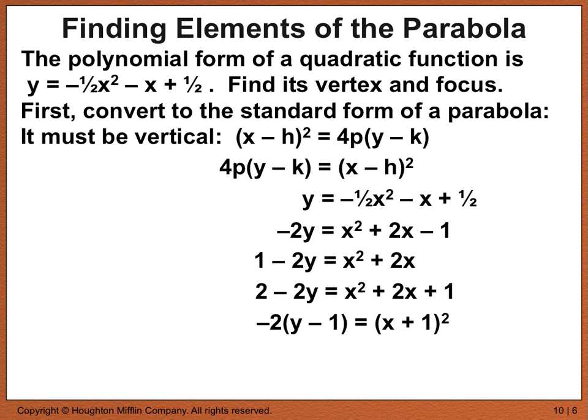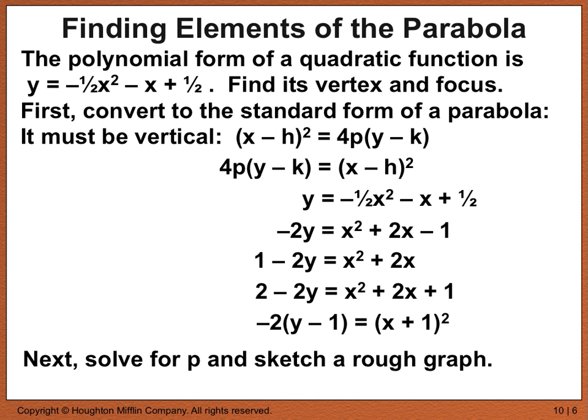It's the same thing, just written in a different form. Okay, so now that I have the standard form of a parabola, which is negative 2 times y minus 1 equals x plus 1 squared. This is the standard form for a vertical parabola.